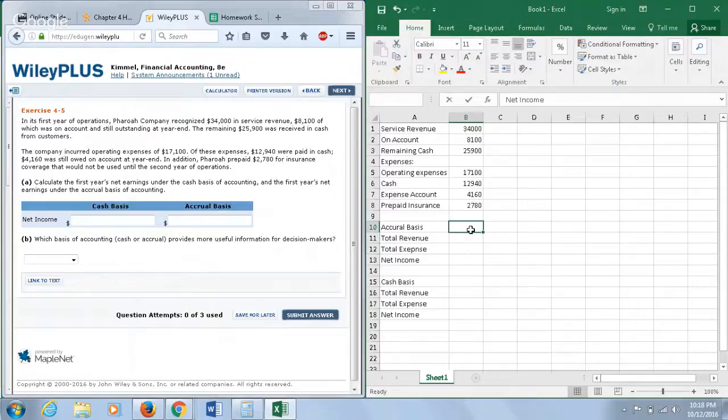So from my understanding of it, with the accrual basis, we would be using the remaining cash, I believe, which would be $25,900 for total expenses, excuse me, because there's still $8,100 of it on account. So cash that we haven't received yet.